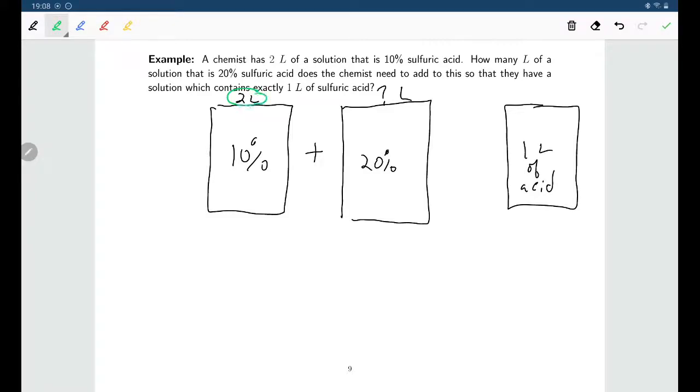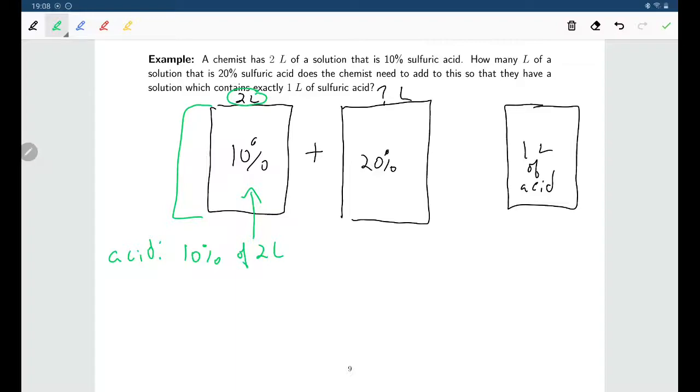When I say 2 liters, I'm talking about the total amount of fluid is 2 liters. But since only 10% of that is acid, the actual amount of acid in this would be 10% of 2 liters.